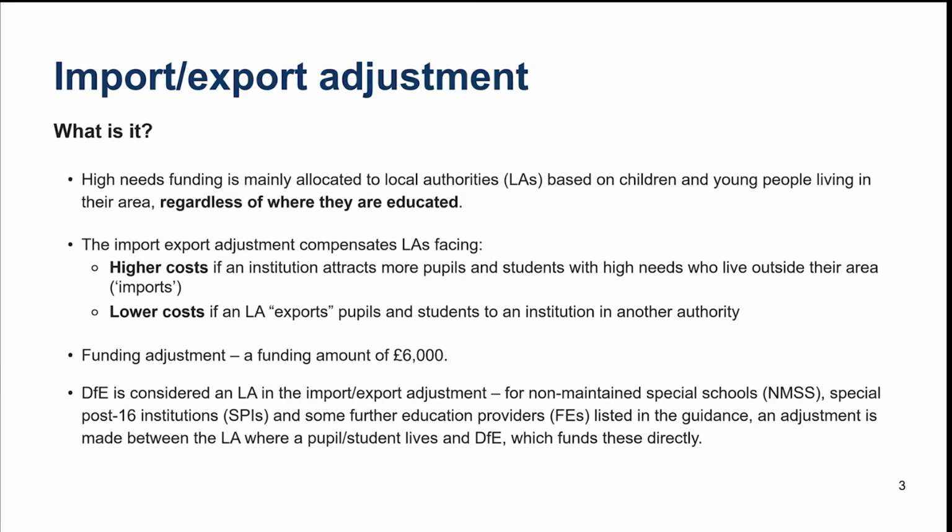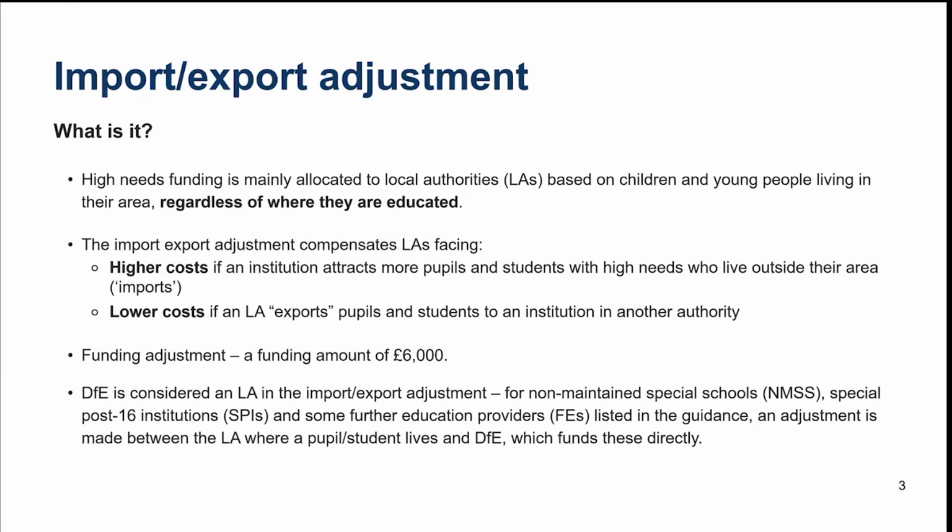So the import-export adjustment provides some compensation for those differences in costs resulting from commissioning decisions of other local authorities. As DFE funds some providers, for example, non-maintained special schools and special post-16 institutions, it's also considered as a local authority for the purpose of the import-export adjustment.